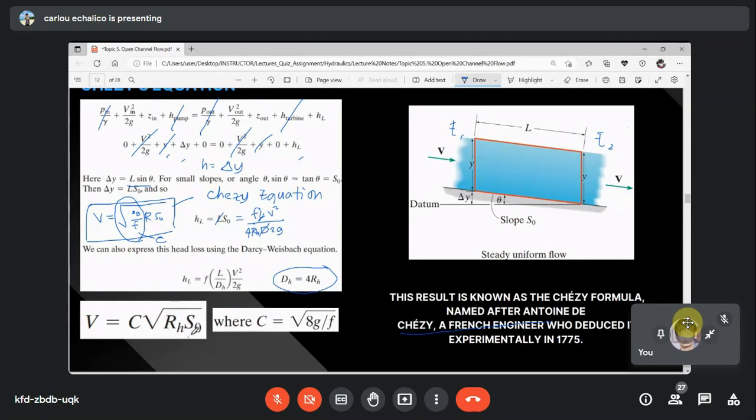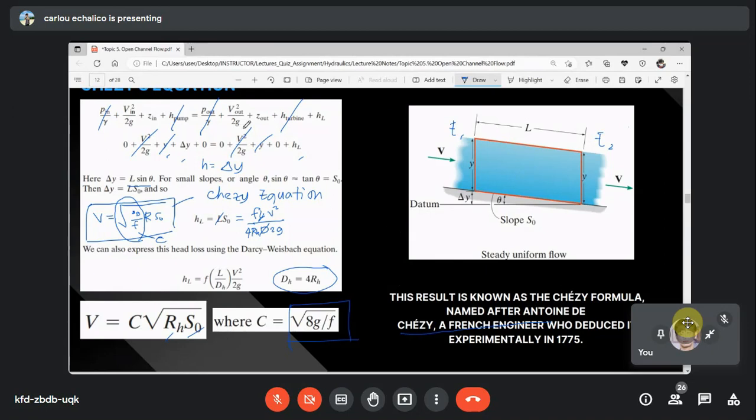So we need the slope and the section properties to get the hydraulic radius, times C. There are different ways to get C, introduced by several engineers. But we can also get C using the friction factor, the Darcy friction factor.